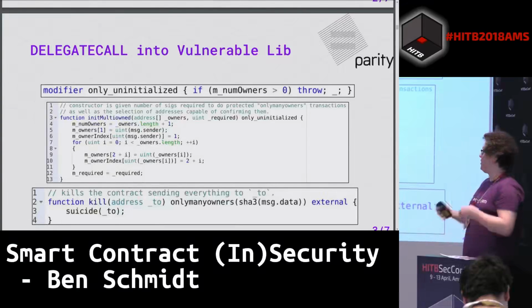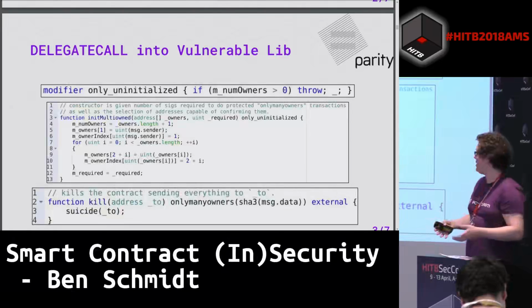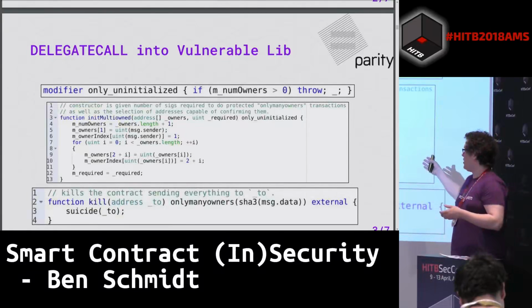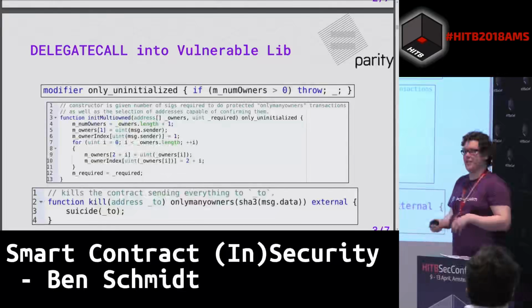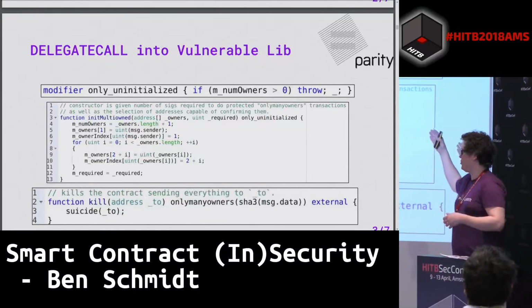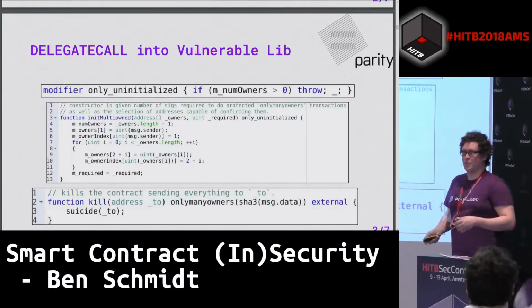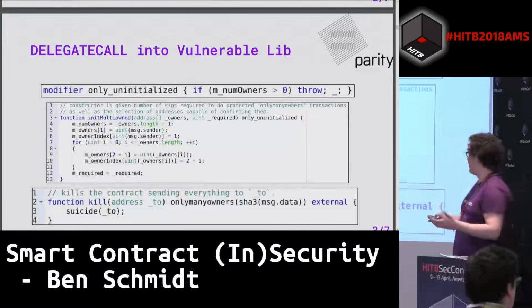But because it was a library, no one had actually initialized the library contract. So whenever you went to call this, uninitialized was actually true and allowed you to set yourself as an owner and then immediately kill the contract, which is what devops199 ended up doing.